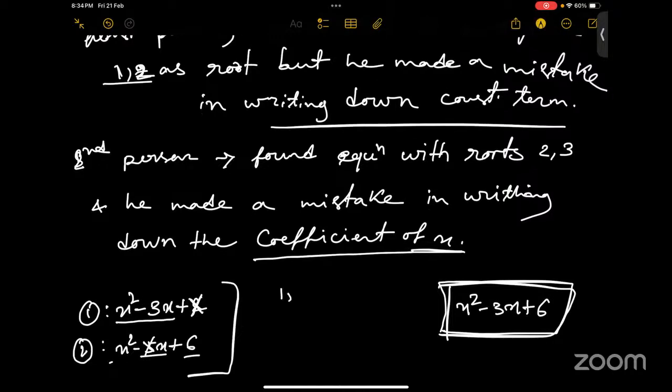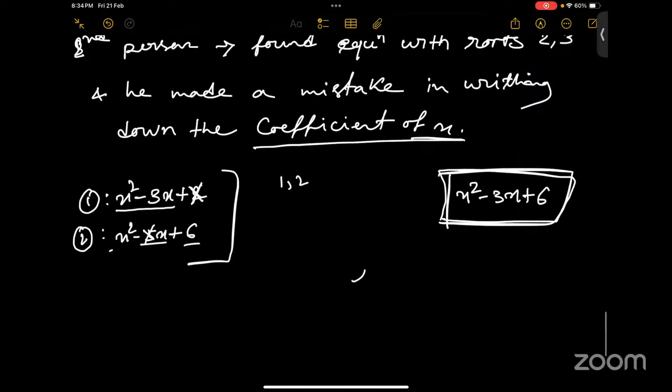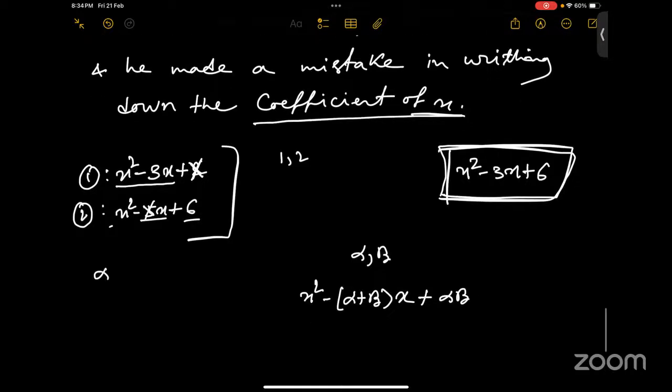We know that if I have roots alpha and beta, the equation is x square minus the sum of roots into x plus the product of roots. So we have alpha equals 1 and beta equals 2. What will be the equation then? x square minus 3x plus 2, right?